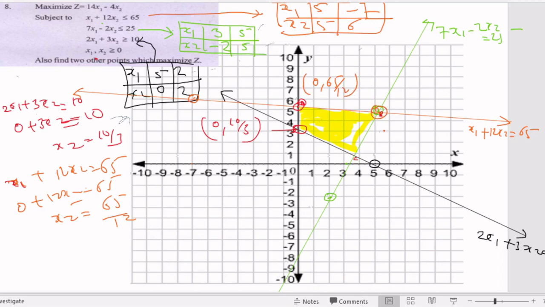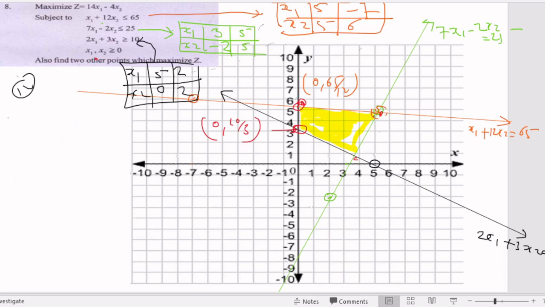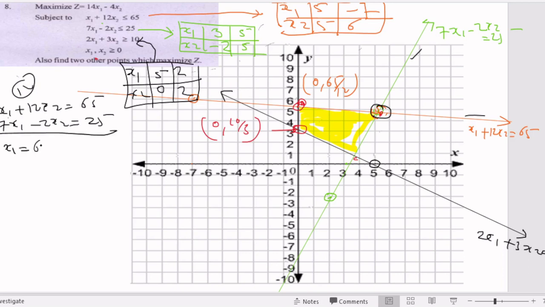Similarly, to get the point of this line, tell me which two equations you need to solve. Okay, so to get this point, you need to solve the orange line and the green line. Orange line: x1 plus 12x2 equal to 65, and green line is 7x1 minus 2x2 is equal to 25. Okay, so in this equation, let's substitute x1 is equal to 65 minus 12x2.